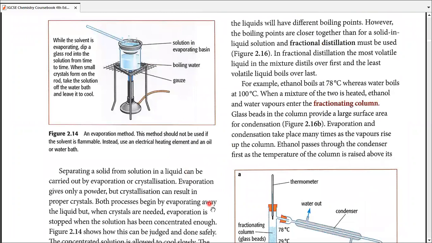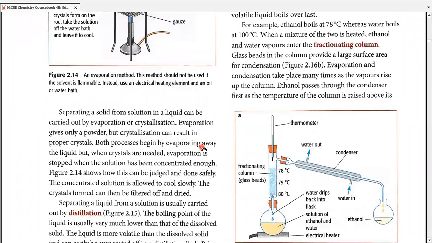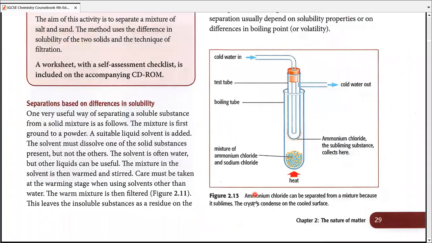Some points of this crystallization process are also written over here, and the slow cooling or filtration and drying is also mentioned over here. So I mentioned all of the stuff in one place in the form of points, so it's easier to remember for the students. If you're clear with the differences in solubility or the crystallization process, can we move on?